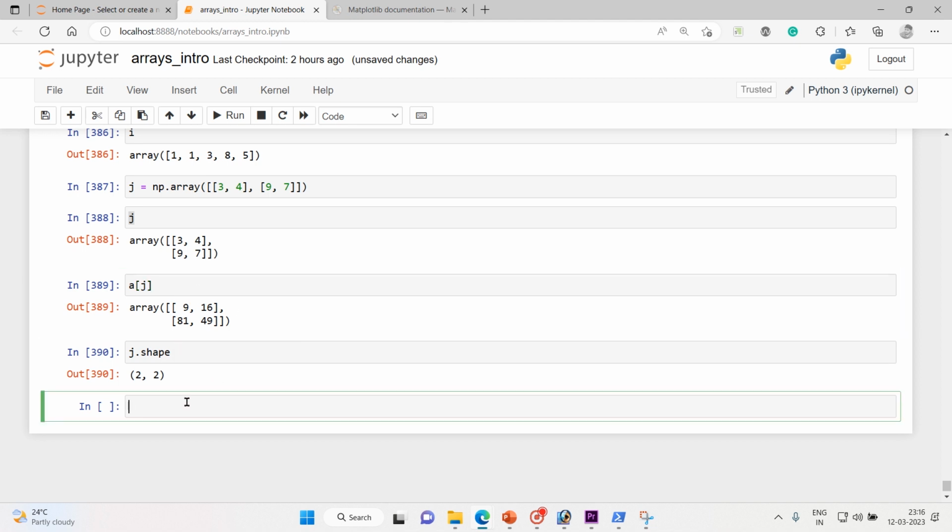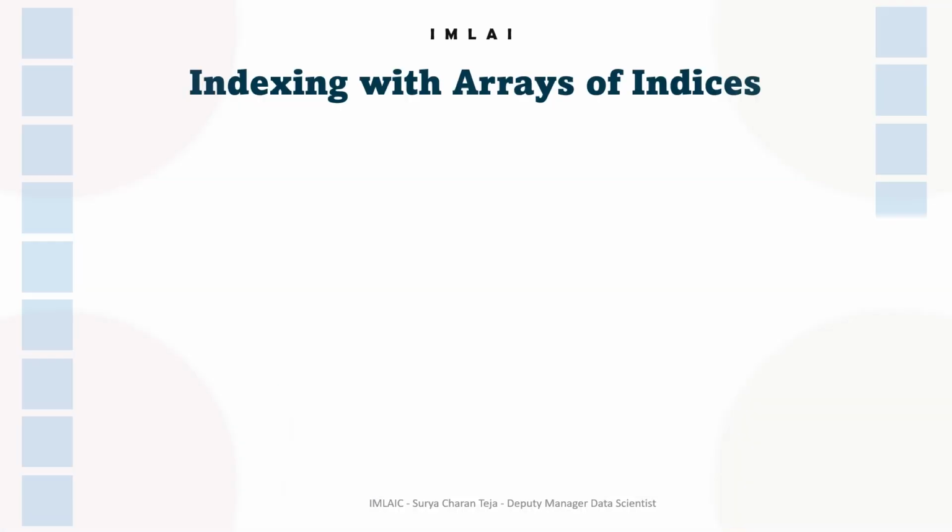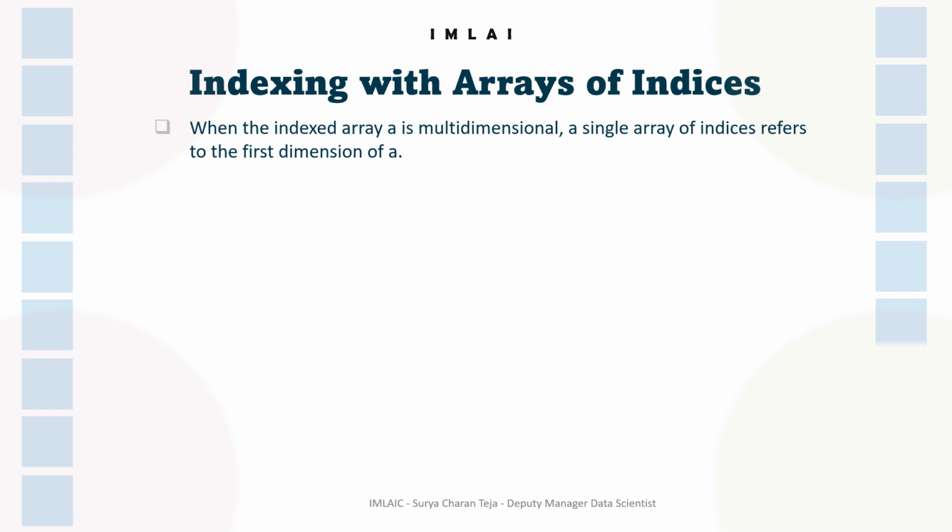That's how we do indexing with an array of indices. When the indexed array A is multi-dimensional, a single array of indices refers to the first dimension of A.